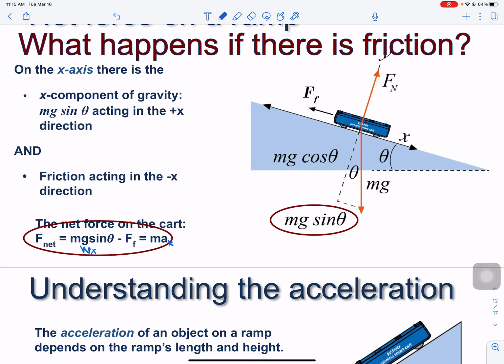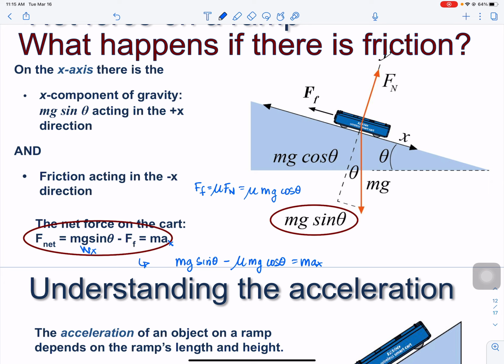But I know that the force of friction is equal to mu times the normal force, and we already figured out that the normal force is equal to mg cosine theta. And so I can make this a little bit more complex: mg sine theta minus mu mg cos theta is equal to max.